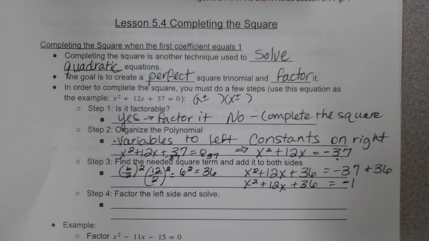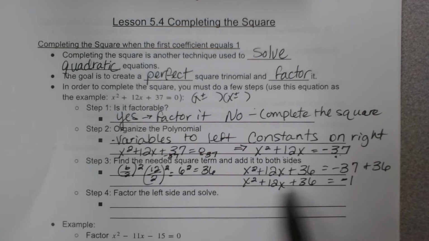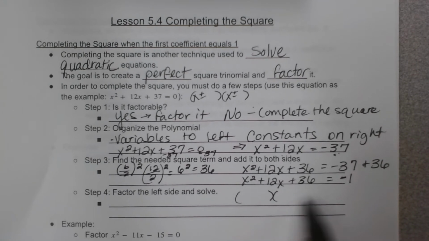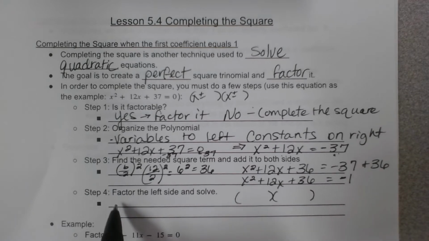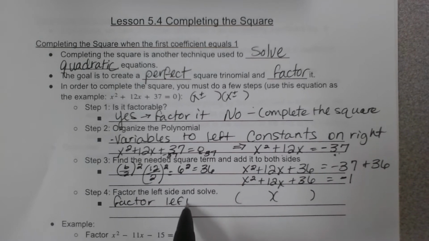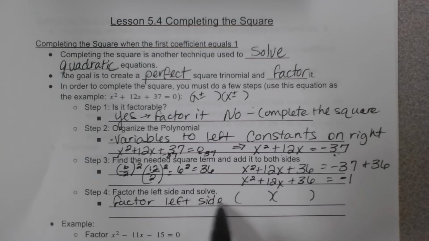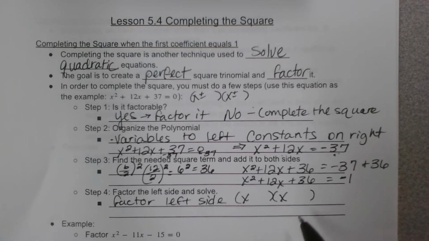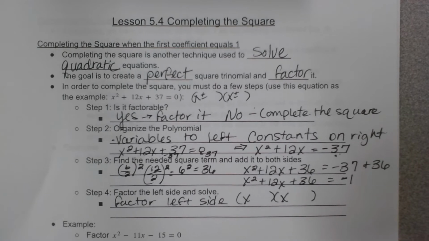So we're going to factor this into two binomials, and that is the left side, the big side. We get two binomials here, x and x. Now, if you don't know how to do this, there are calculators that'll help you do this factoring, okay?